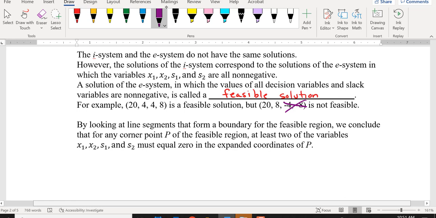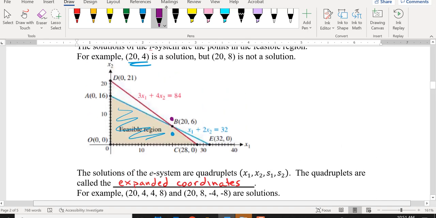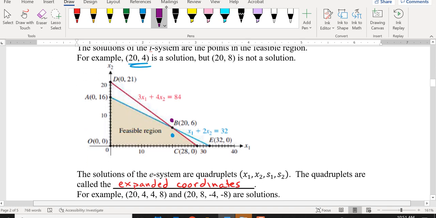By looking at line segments that form a boundary for the feasible region, we conclude that for any corner point P of the feasible region, okay, wait a minute, corner points. The corner points would be here, here, here, and there. Those are the corner points, right?